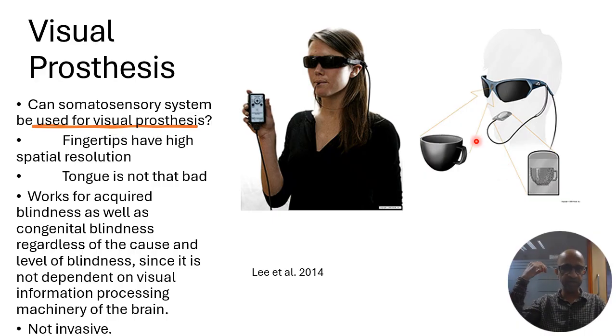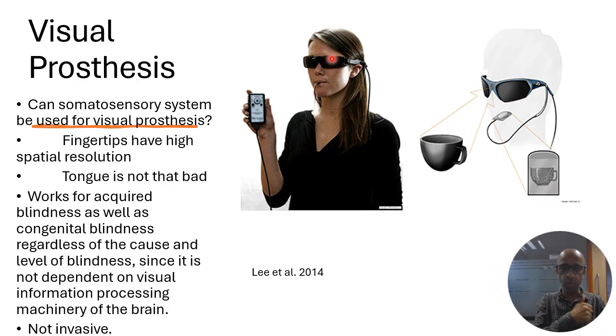But now, instead of electrically stimulating parts of the brain or the eye that actually create visual representation, you stimulate regions that create somatosensory representation. So, for example, your tongue, right? So now this is a very non-invasive kind of a thing, right? You can just have an electrode pad that just gets placed on top of the tongue. It can sit in your mouth, and then visual stimuli can get displayed onto the tongue.